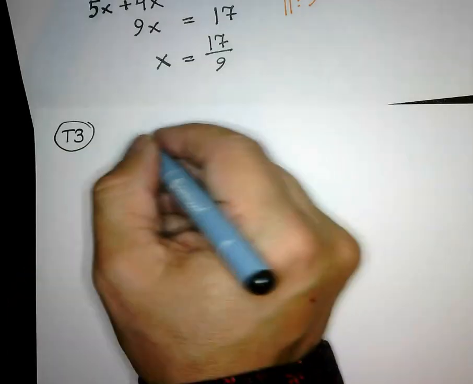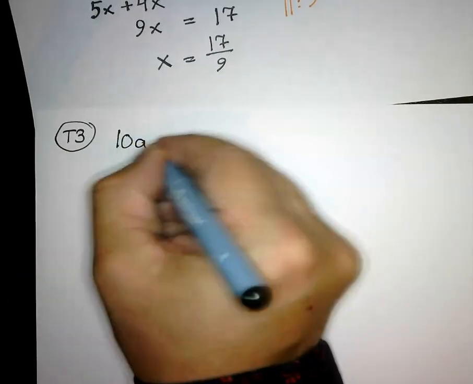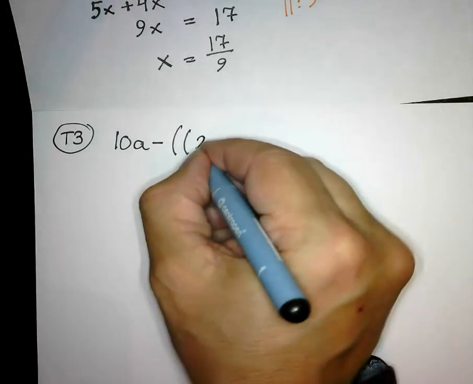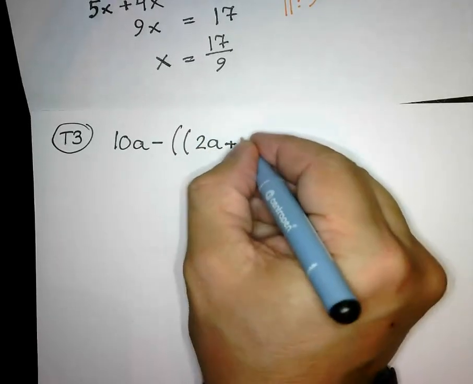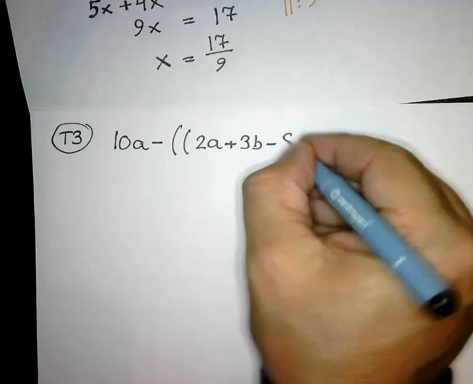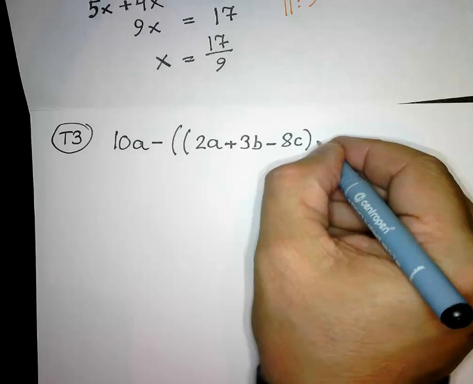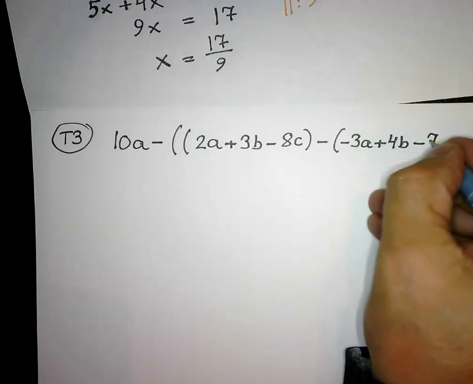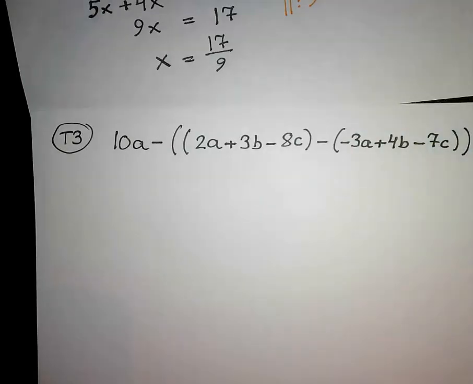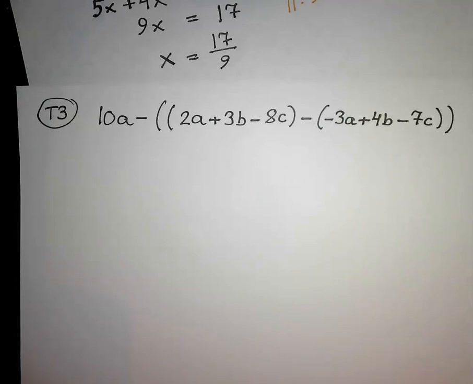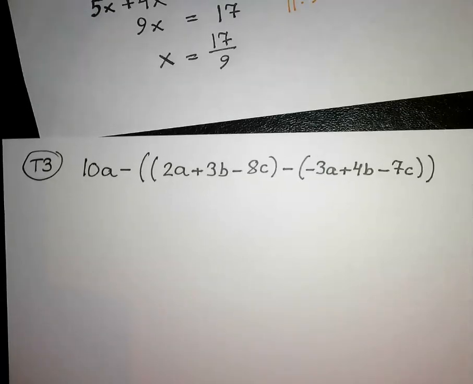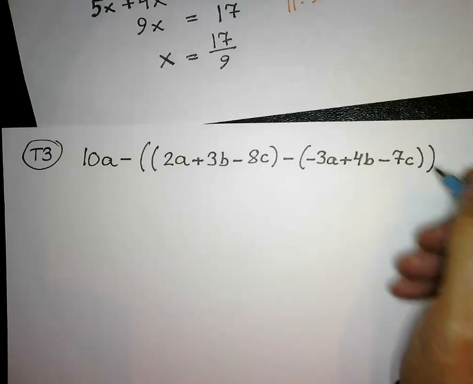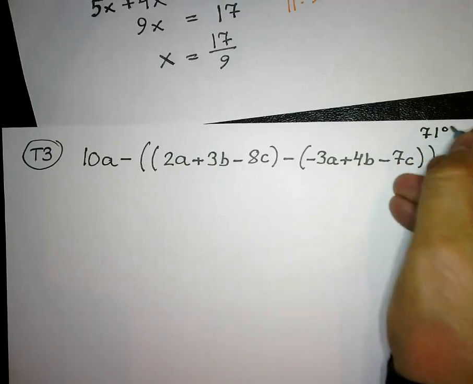That is the letter T. Then A minus, and then we have 2 parentheses, 2A plus 3B minus 8C, minus 3A plus 4B minus 7C. On Friday's test, this problem was correct in 71 papers.